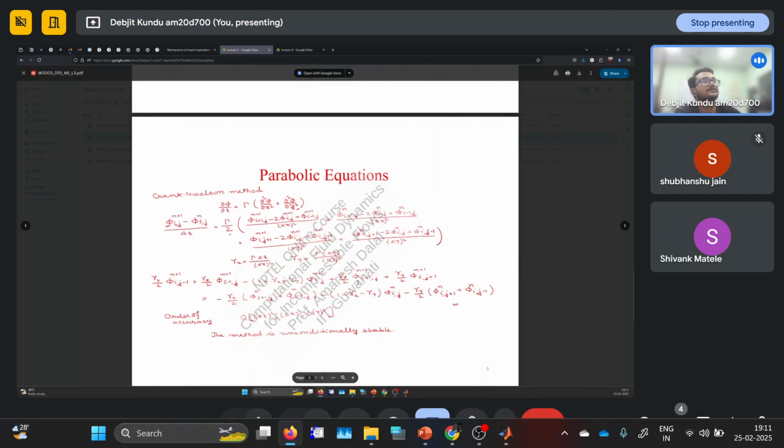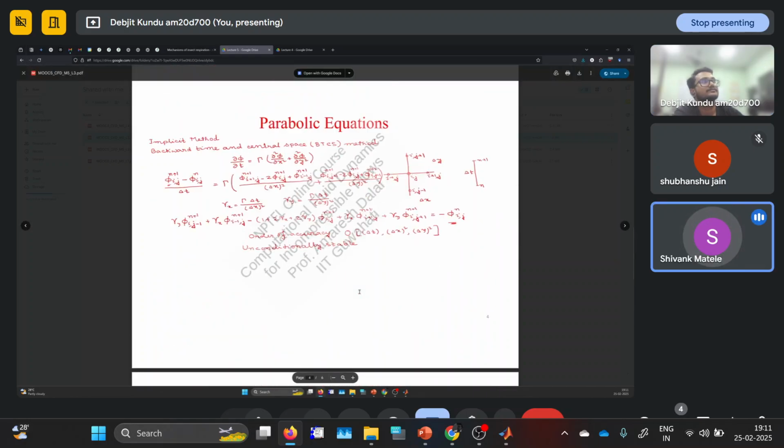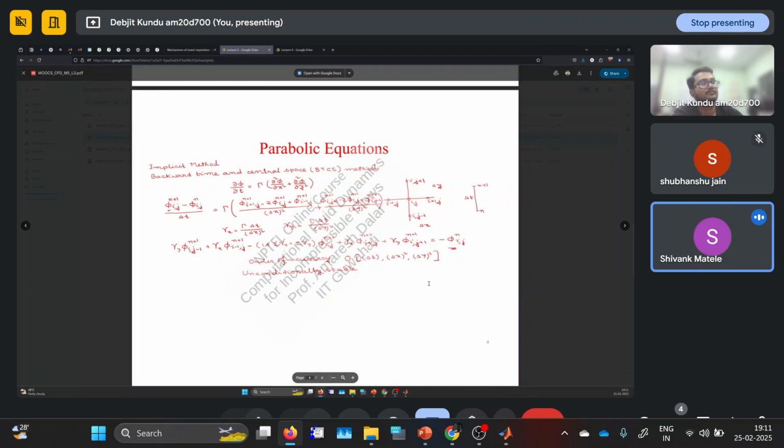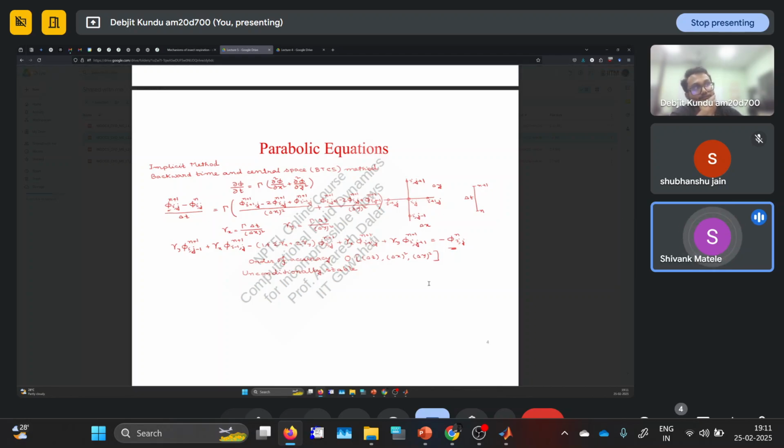Over here, the 5 point formula gives us pentadiagonal. In that, if we sweep row by row and then column by column, we get tridiagonal.